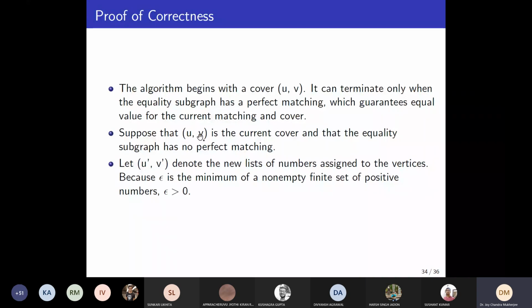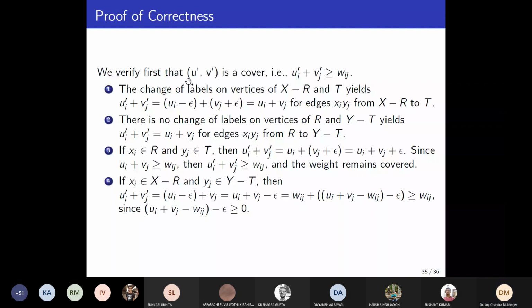If v belongs to t, then v prime equals v plus epsilon. Okay, so I get a new cover, and we have proven that u prime v prime, which I obtained, is still a minimum cover, and that is a valid cover.